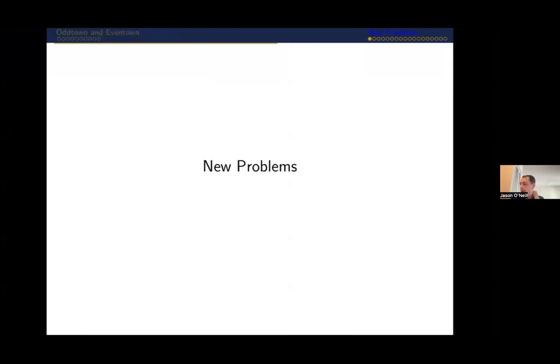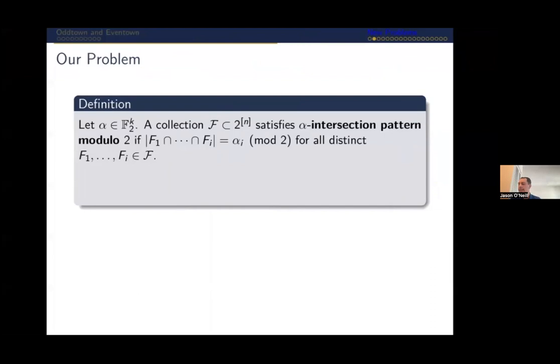So what are the new problems that I thought about during the run that I had hoped would have implications for multicolor hypergraph Ramsey, which is a mouthful to say. So the new problem is, given a vector in F_2^k, which is really just to keep track of what problem you're thinking of.